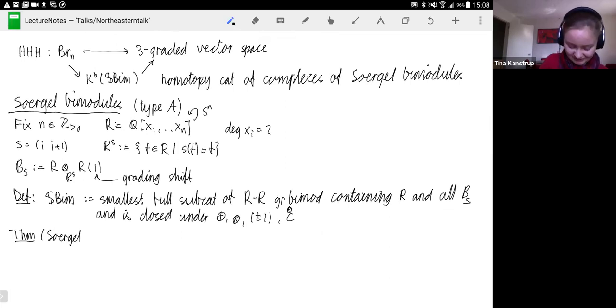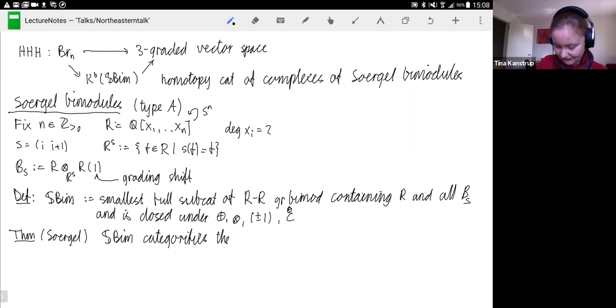But we're going to use it. Well, this will be important later, but for now we're going to use it for a different purpose. So, categorifying the finite Hecke algebra.